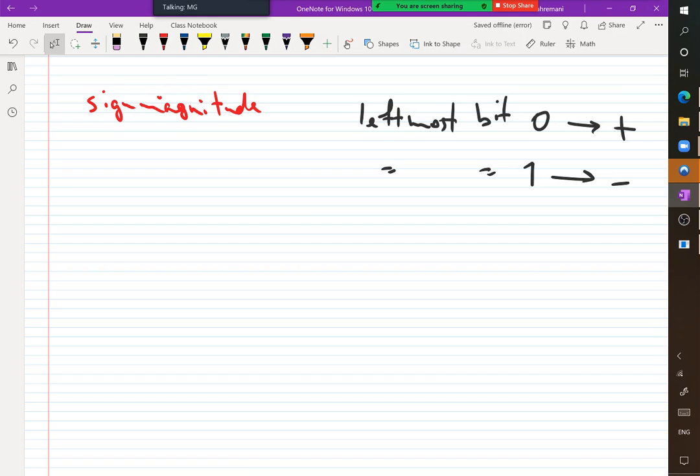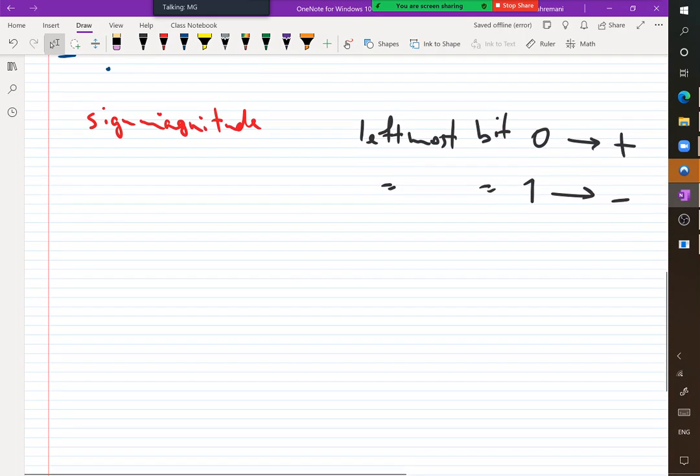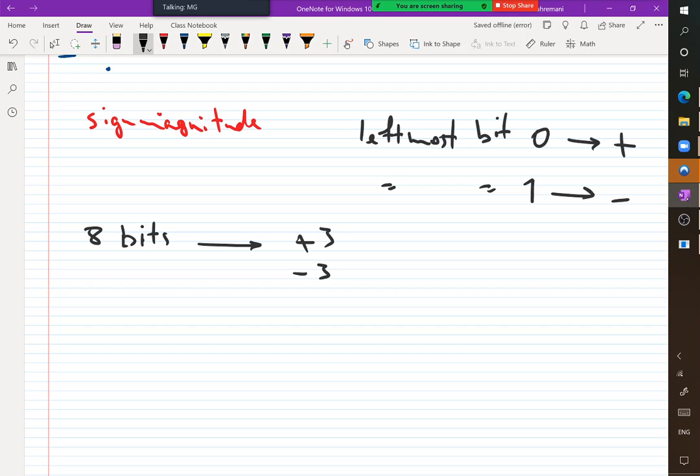Let's represent a number. Let's say we want to use 8 bits to show positive 3 and negative 3 in sign magnitude. Okay, 8 bits. We know that 3 is 1, 1, 0, 0, 0, 0, 0, 0. Of course, these two ones on the right are 2 to the power of 0 plus 2 to the power of 1, which is equal to 3, and the rest of them are 0.